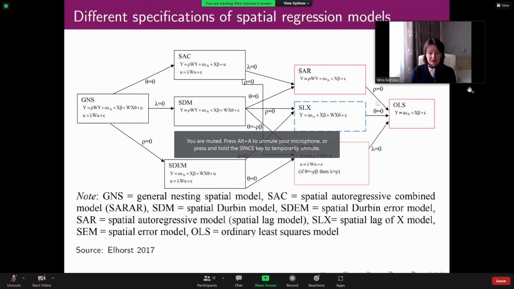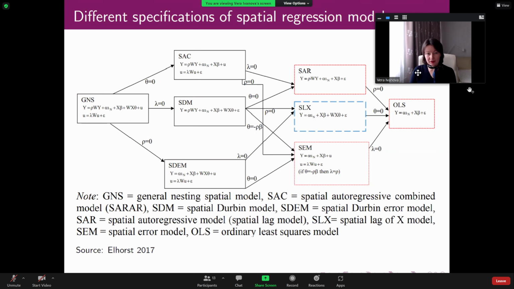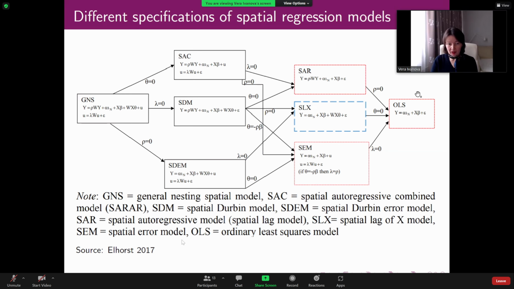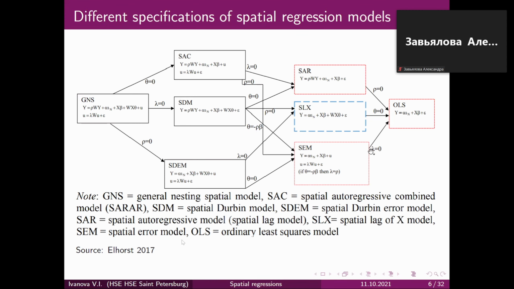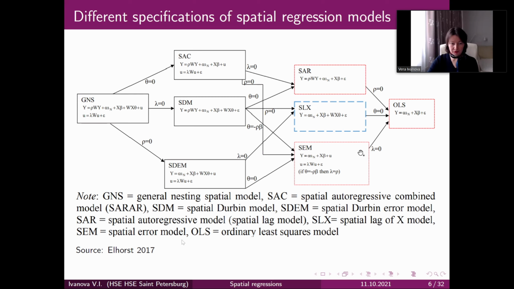This is a classification of spatial regression models. As I told you, we can incorporate a spatial lag of the dependent variable, a spatial lag of the explanatory variable, and a spatial lag of the error term. The model including all these terms is this one.